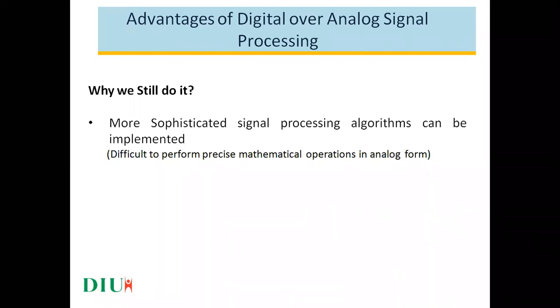Using those, you can make your program concise and precise, so that it does not become difficult for a DSP processor to analyze the given problem statement. So this is how digital signal processing benefits us over analog signal processing.